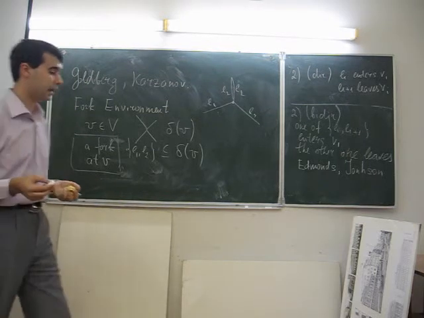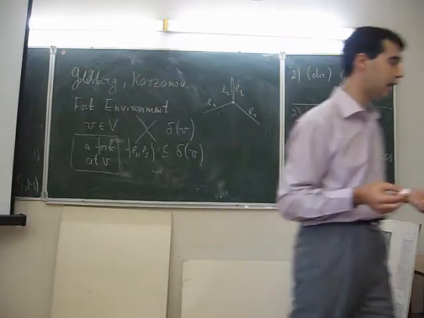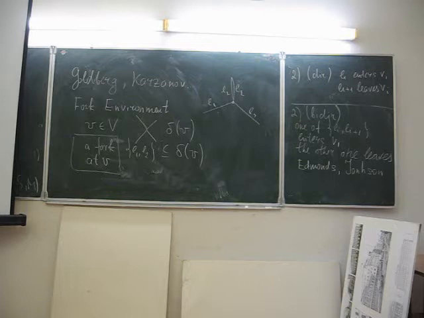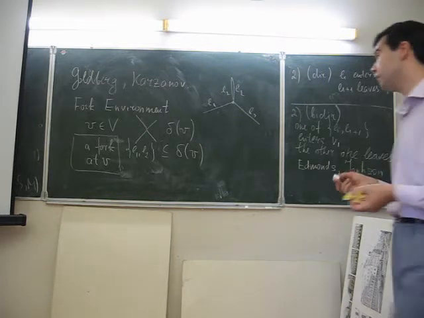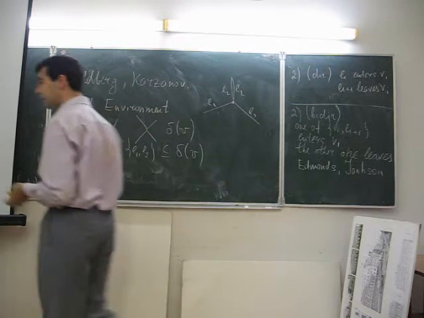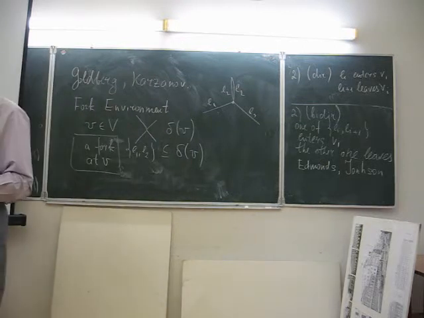So, a natural question is if we can present some algorithmic or graph theoretical results when you have a general fork environment. And the answer turns out to be positive.